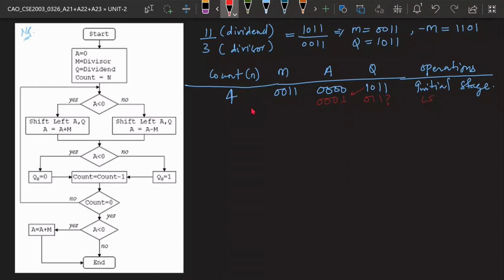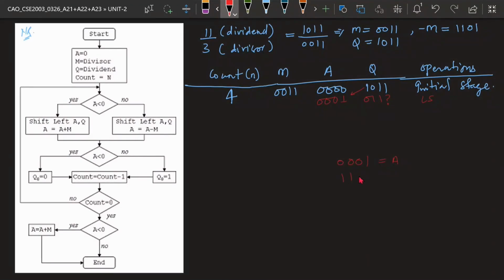Once we have made the left shift, now we need to perform A equals A minus M. The A value is now 0, 0, 0, 1. To perform A minus M, we can add A plus minus M. The minus M value is 1, 1, 0, 1.